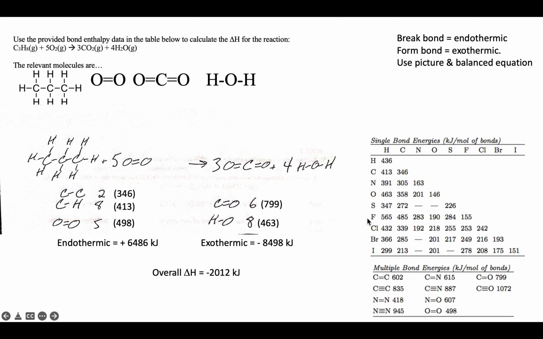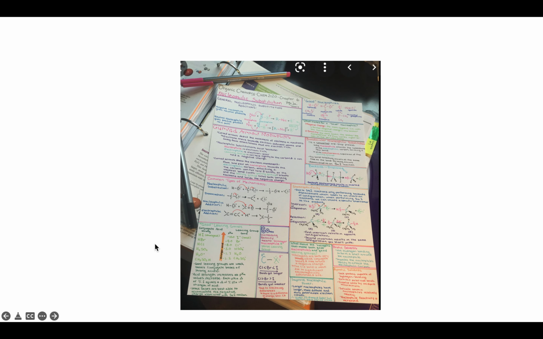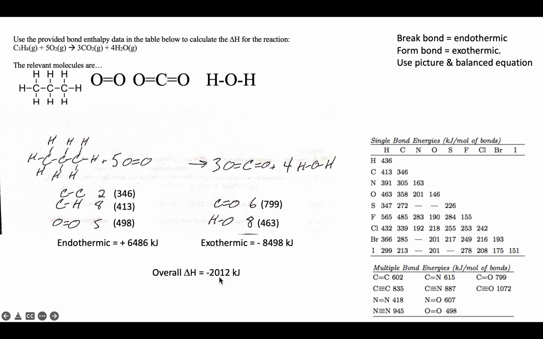Let me just grab those values off the table. All of the values here, the endothermic, are all positive. The values here that are exothermic on the formation side, I'm going to make all of those negative. When I take the difference between those, I find that it ends up being an exothermic reaction.